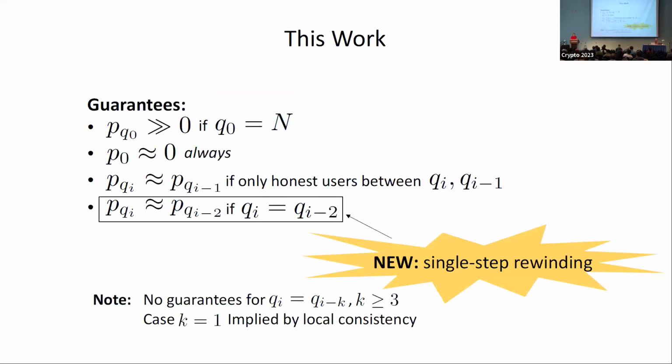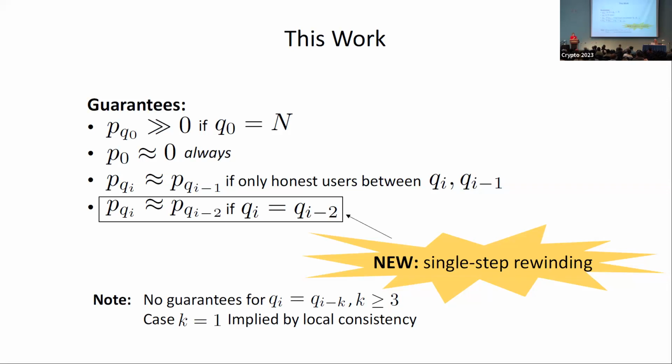So in this work, we make some progress on this. And basically what we show is something I call single-step rewinding, which is, so we have the same 3 rules we had in the quantum setting before, except they add one more rule that applies now for queries that are 2 apart in the query sequence. So there's one query in between them, the queries are 2 apart. Before, there was no guarantees at all if the queries were 2 apart.